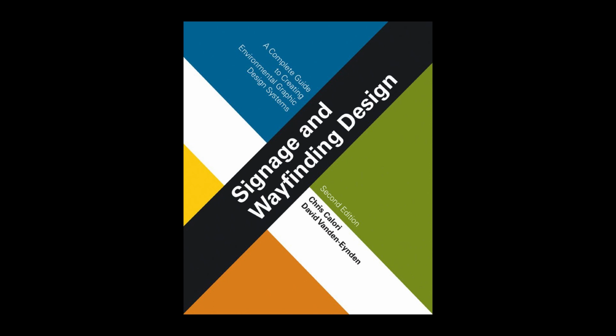At C&VE, Calori and Vanden-Eynden, we prefer to type signs by physical characteristics, as they most directly translate into drawings, schedules, and bid forms. Our thinking behind this is that the primary fabrication cost factor of a sign is its physical characteristics, not the kind of information it displays.